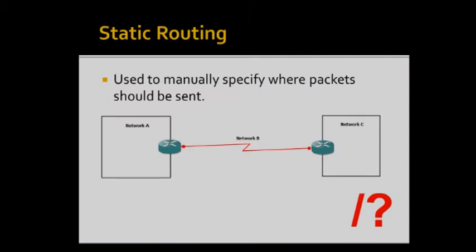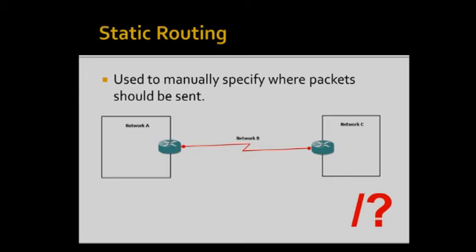So static routing, and I guess routing in general, static routing is used to manually specify where packets should be sent. If you think of a network and you have many interconnected routers, or maybe in particular the scenario that I'm showing you here, you've got two routers separating a total of three different networks.